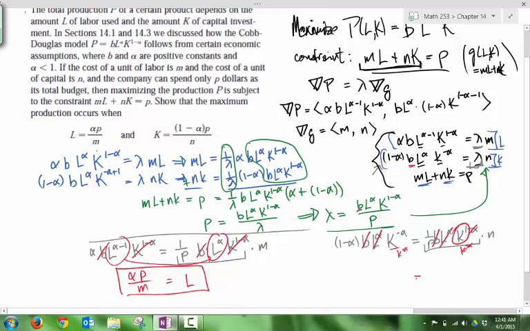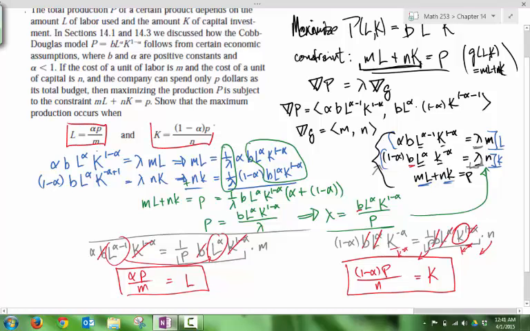So I'll have k on the right hand side, and then I want to bring the n and the 1 over p to the other side. So 1 over p in the denominator goes to p in the numerator on the other side. And then n goes in the denominator. And that's my k.